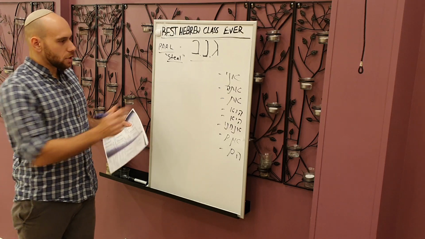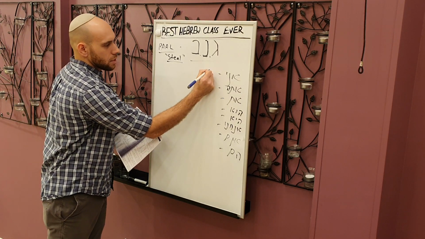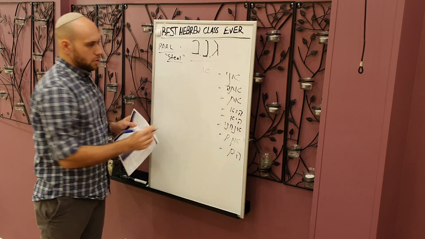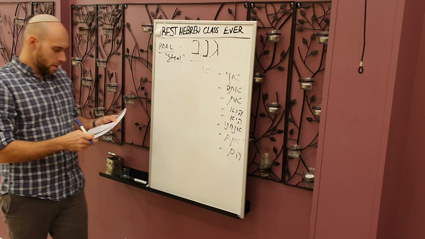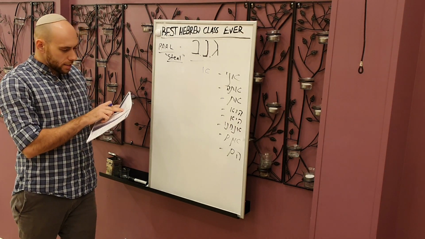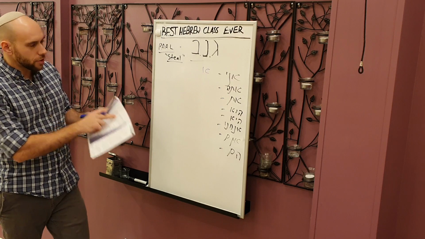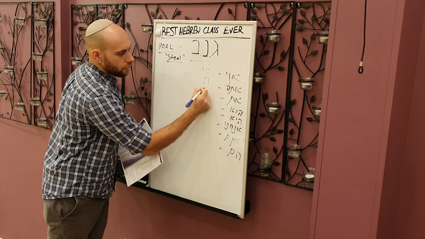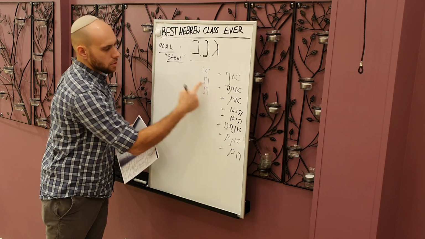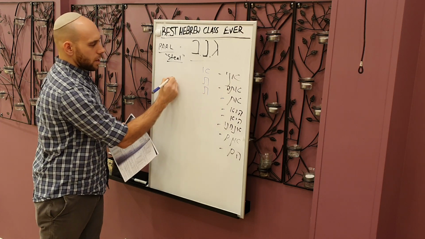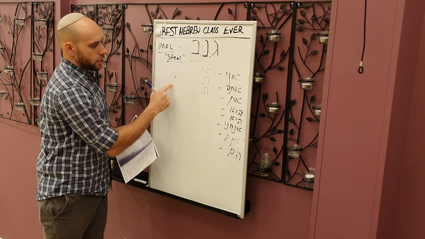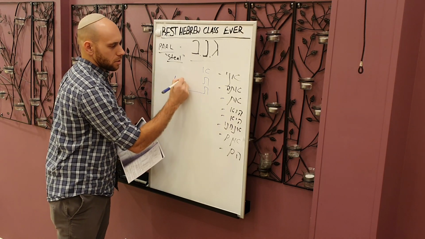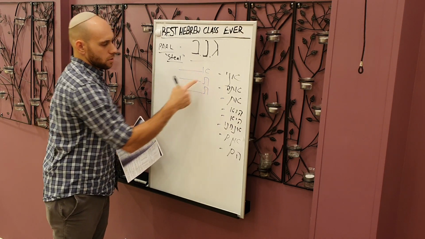So the form for ani, the prefix is aleph. For ata and at, the prefix is tav. But to differentiate between the two forms, the at form also has a suffix yud at the end.